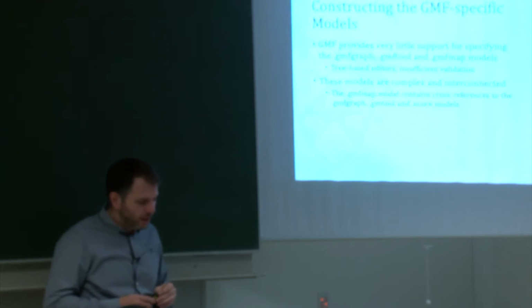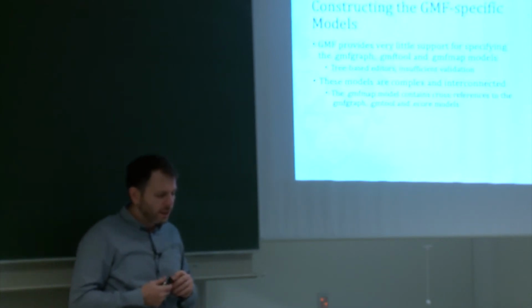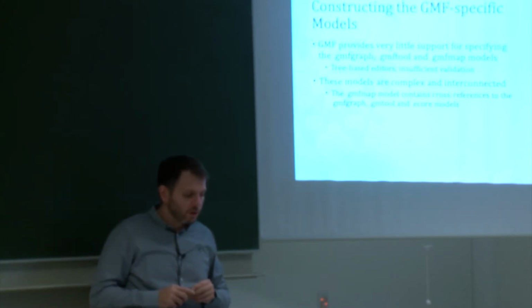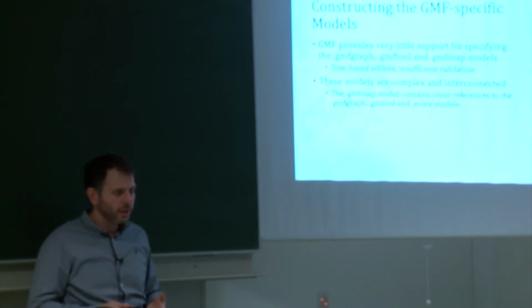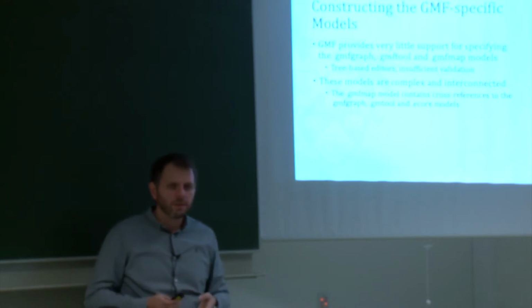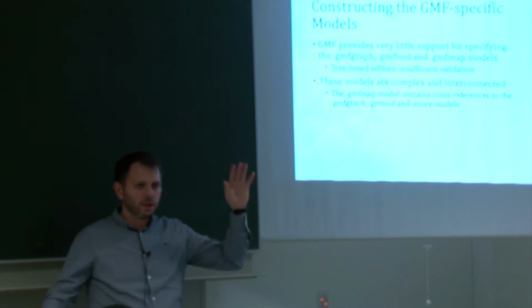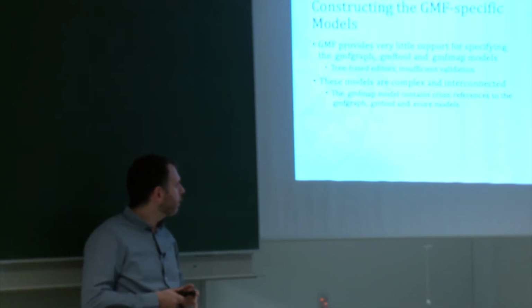As I said, constructing these models is not an easy job. GMF only provides tree-based editors for these, and there's a good reason for that. It's because these are very complex models. When you right-click for a new child to a node, you will see that you get a screen-long list of options.